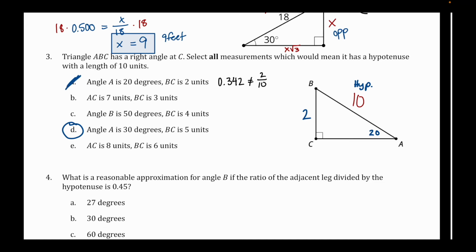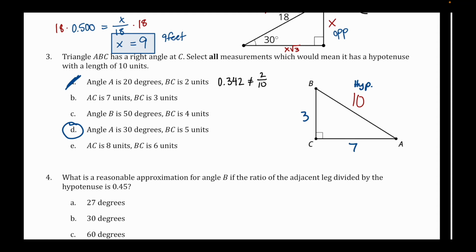So let's continue, and we're going to use the same ideas and go along with it. So AC is 7 and BC is 3. We can check using the Pythagorean theorem for this one, but these ones will not work, because 7 plus 3 is 10, and the hypotenuse has to be longer than either of the two put together.